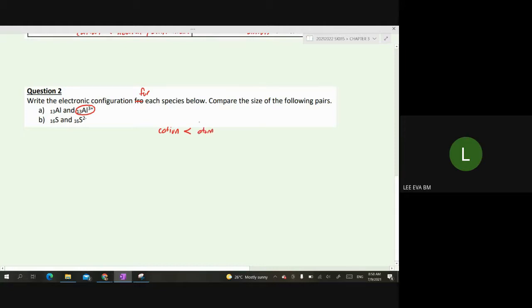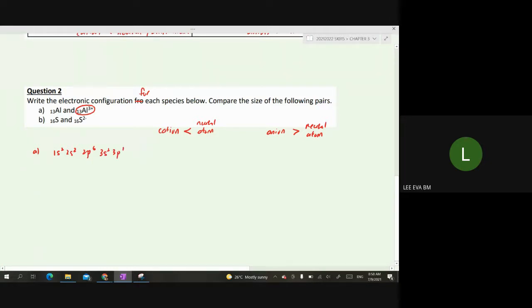So let's say madam do it this way. Okay, and then anion is always bigger than the neutral parent atom. Okay, if you are still not confident, then we look at the electronic configuration. So let's say aluminium 1s2, 2s2, 2p6, then we have 3s2 and 3p1.